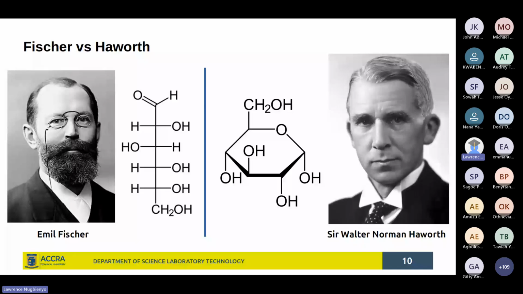The straight chain structures, we refer to them as Fisher projections, or sometimes Fisher formulas, and that is named after Emil Fisher, a German chemist who also won a Nobel Prize in the development of these Fisher projections or Fisher formulas of carbohydrates.